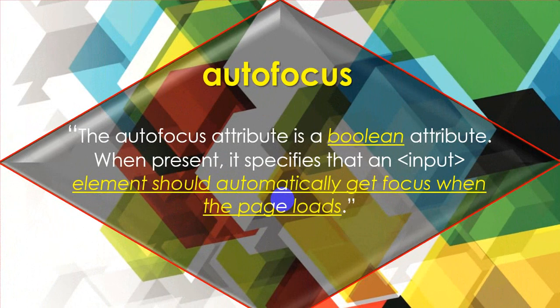So if you have, for example, a total of 10 text boxes, and when you run that form you want focus on the 5th text box, then you have to write autofocus on the 5th text box, so you will get focus directly on that particular text box.